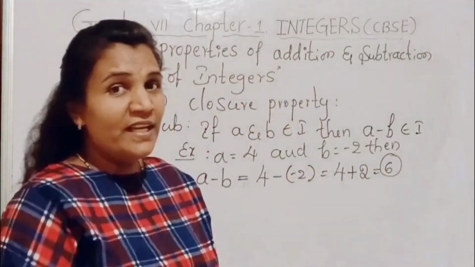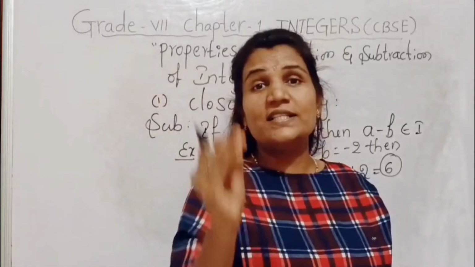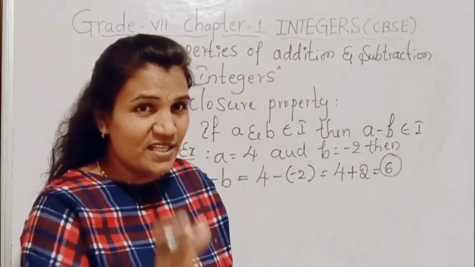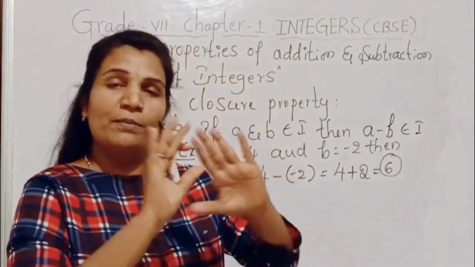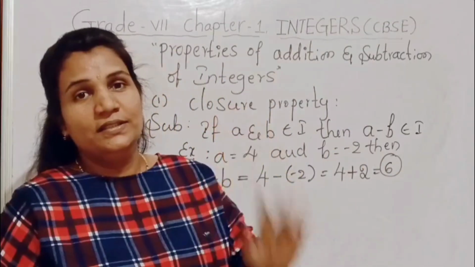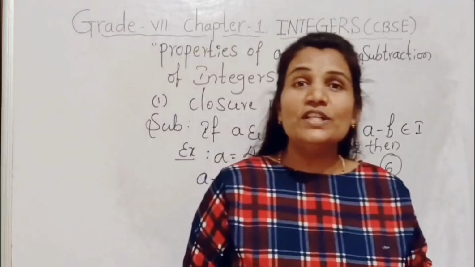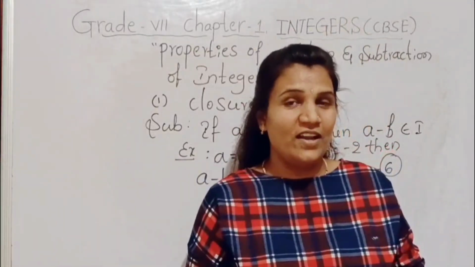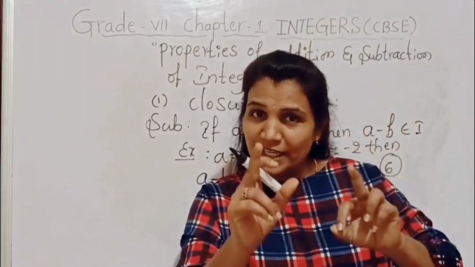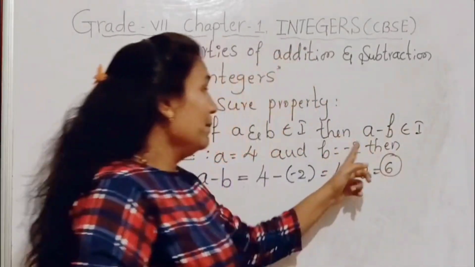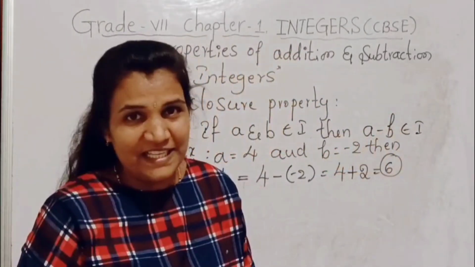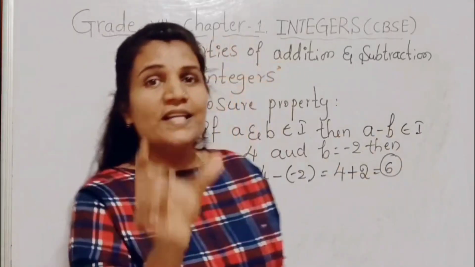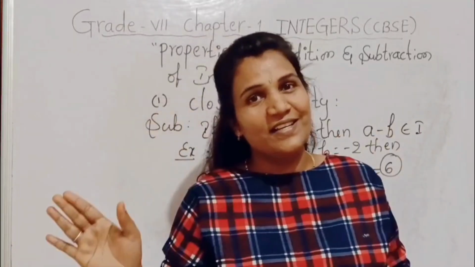Here, closure property of addition and subtraction holds good. If a and b are any two integers, then a plus b is also an integer, and a minus b is also an integer. Closure property holds good for both addition and subtraction of integers.